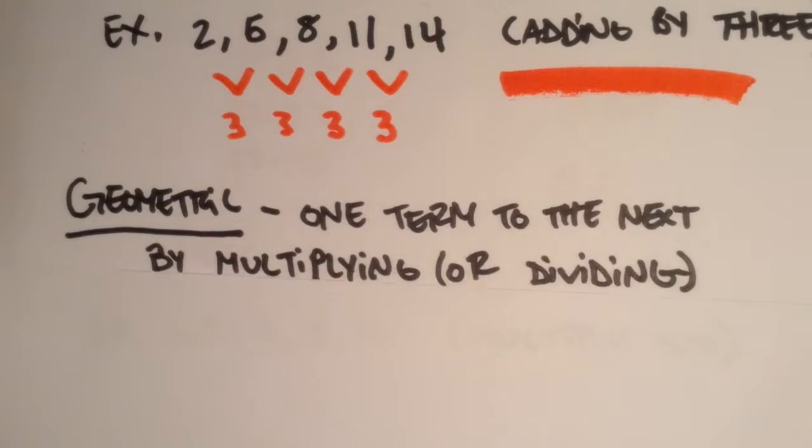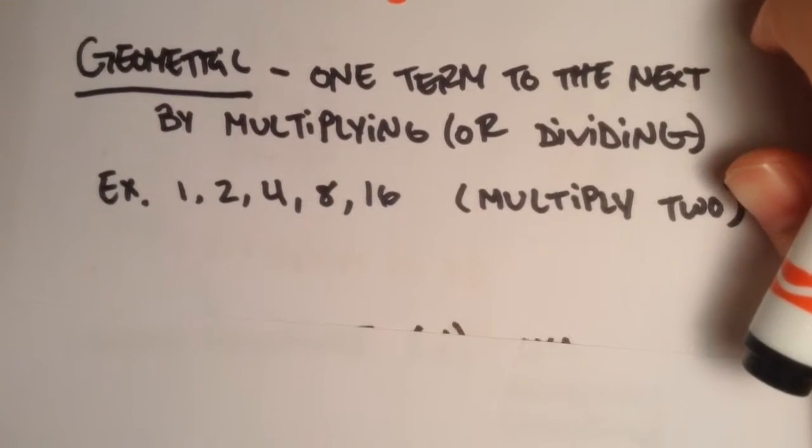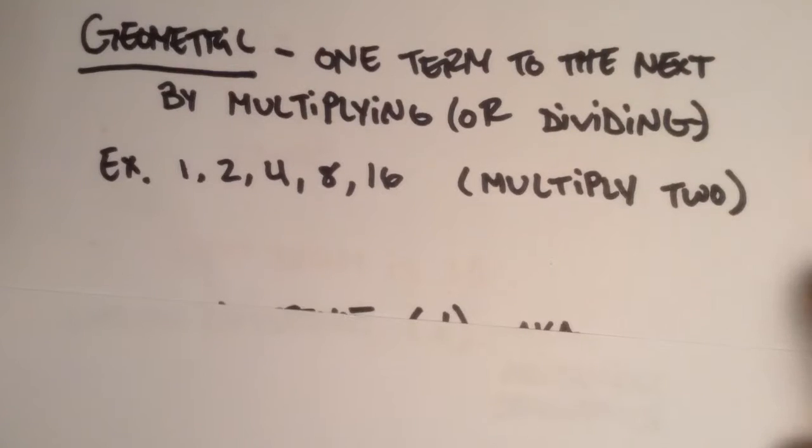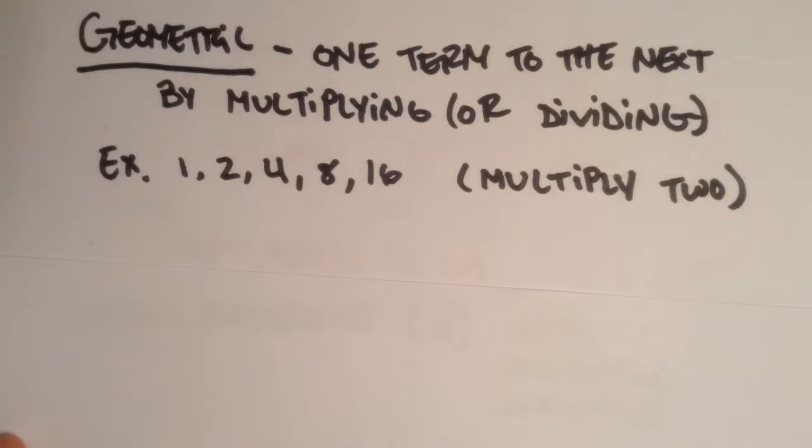And now we're moving on to geometric. A geometric sequence goes from one term to the next by always multiplying or dividing by the same value. And we have this example here. We have 1, 2, 4, 8, and 16.